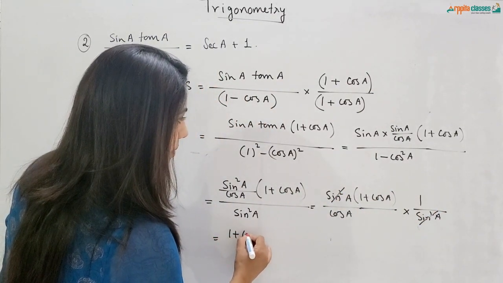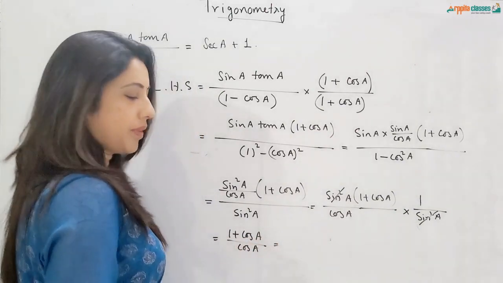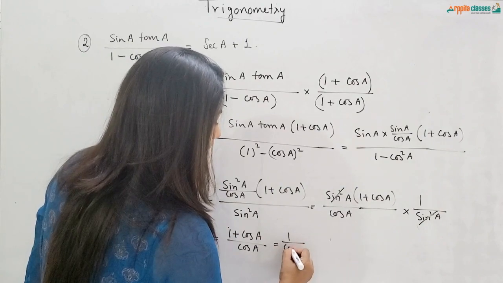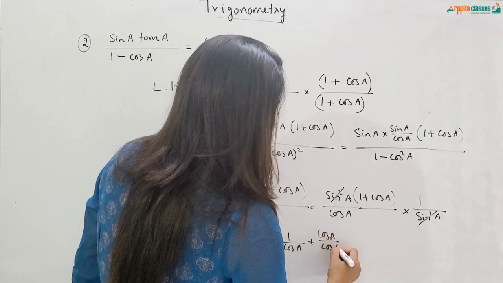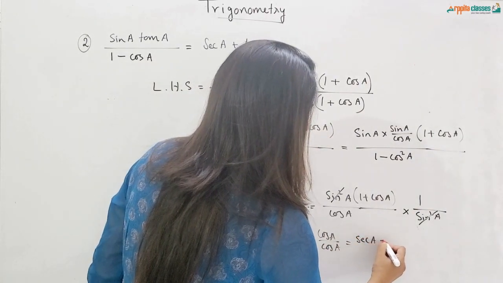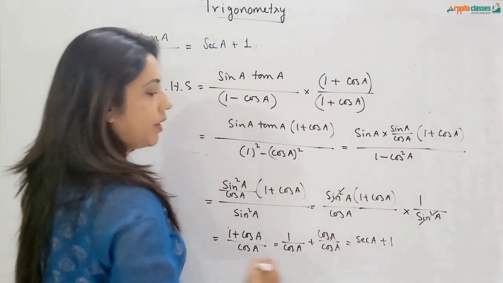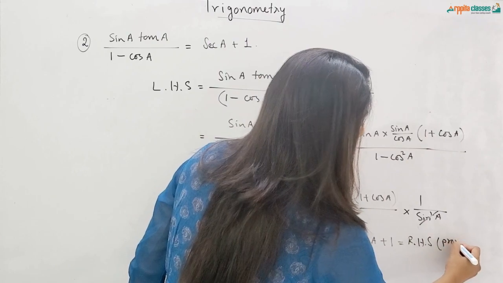Finally we get (1 plus cos A) upon cos A. Now let us split it up. We will write 1 upon cos A plus cos A upon cos A. So 1 upon cos A is sec A and cos A upon cos A is 1. Look at your right hand side, we got it. Proved.